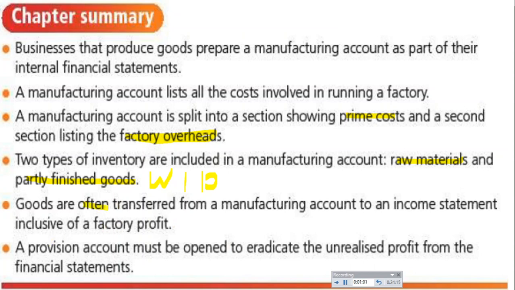Goods are often, meaning not always, but they can be transferred from the manufacturing account to the income statement. That's your trading account, add a profit, we show that. And then a provision account must be opened to eradicate, meaning to remove, the unrealized profit from the financial statement. So unrealized profit tied up in the closing inventory. That's what we studied.